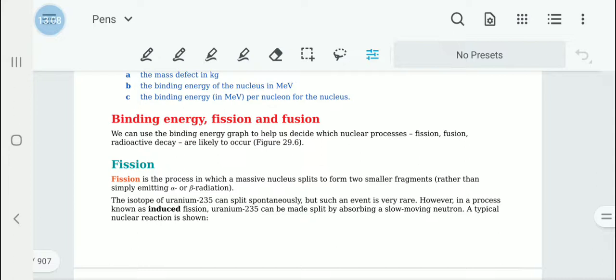But in a process called induced fission, uranium-235 can be made to split by absorbing a slow moving neutron.